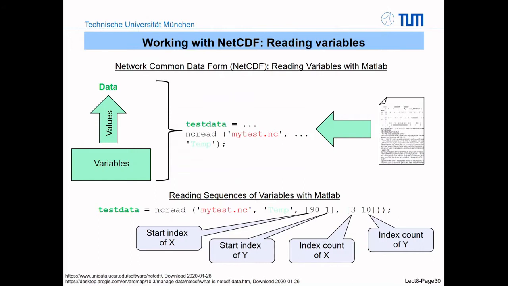In my case, for example, I define that I want to read from my test file the variable temperature, but I want to start at line 90 and column 1, and I want to read the next 3 lines completely, the 10 columns.